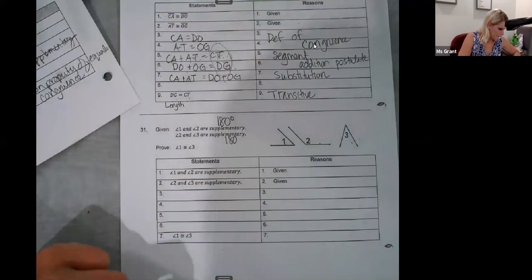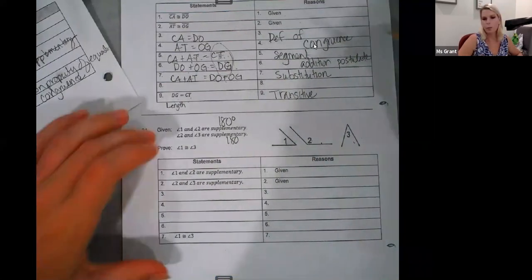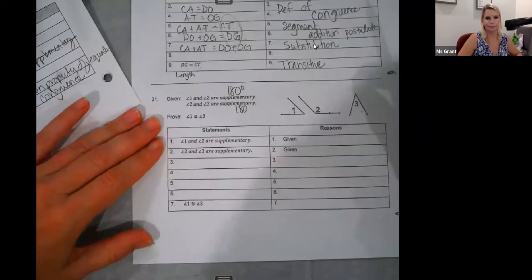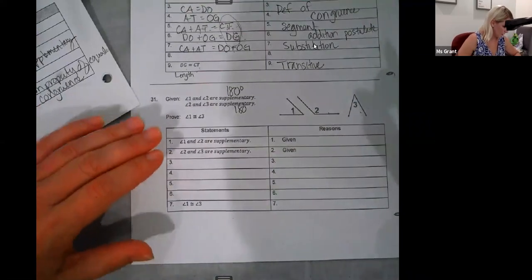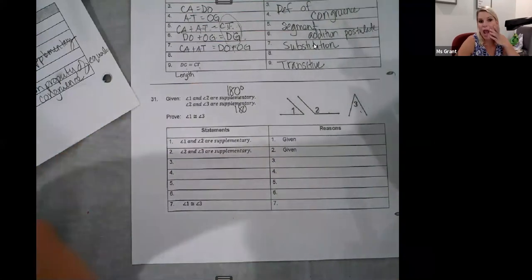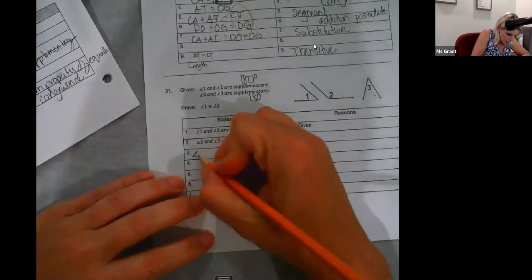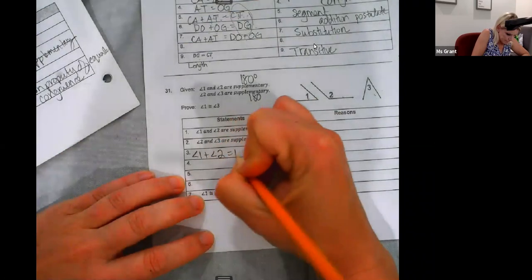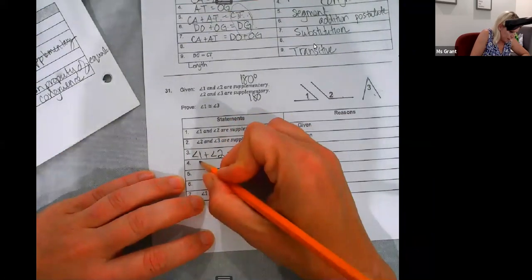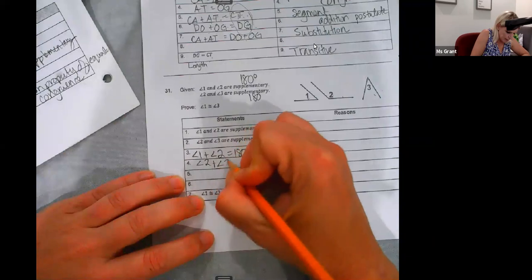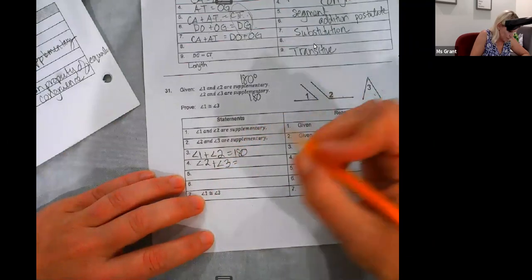Here we go. Angle 1 and 2 are supplementary. Angle 2 and 3 are supplementary. Supplementary means they add up to 180, and I have to actually say that. Angle 1 plus angle 2 equals 180. Angle 2 plus angle 3 equals 180.